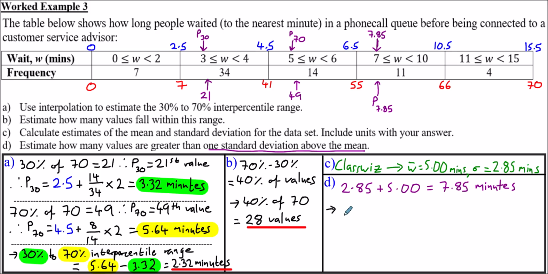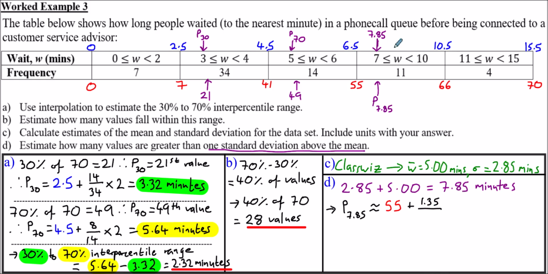So what we're going to say here is at the position of the 7.85th value, we're going to start where this interval starts in terms of position. So start at 55. We're now going to add on the fraction that 7.85 is within this interval. So 7.85 relative to 6.5 is 1.35 in from the start of the interval.